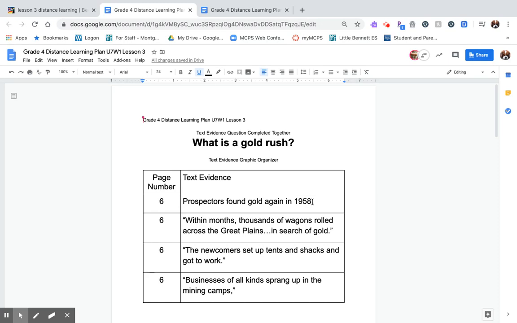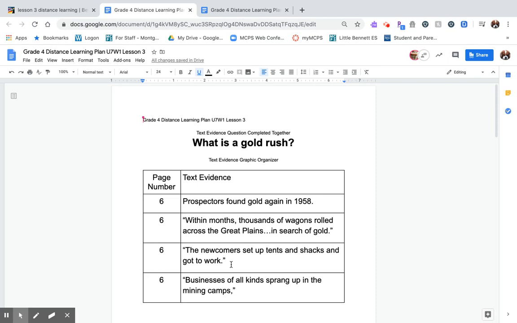That's in my own words, so I don't have to put quotations around it. However, also on page 6, I found within months, thousands of wagons rolled across the Great Plains in search of gold. This is copied directly from the text, so I put quotation marks around this bit of text evidence. The newcomers set up tents and shacks and got to work.